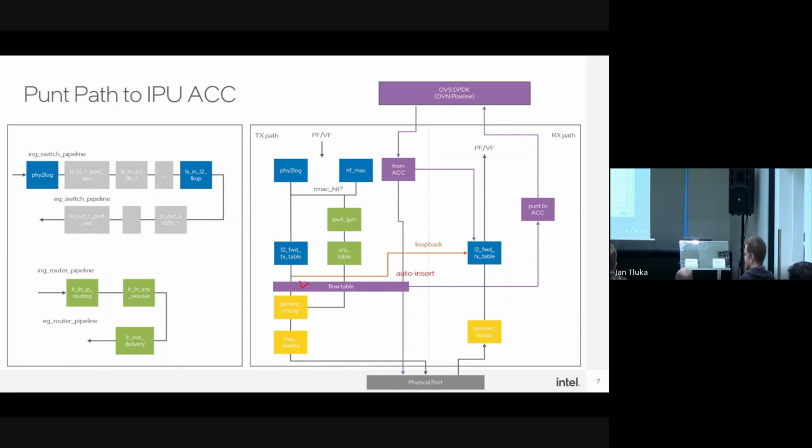Even though a packet is processed by the layer 2, layer 3 tables, and the fate of the packet has been made before the flow table lookup, the first packet is always a miss on this flow table, then it overrides the actions that have been made in the previous tables to point to the port to which IPU ACC is connected.